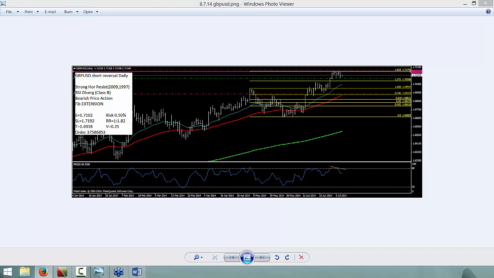I don't mind you using Mark's methodology of using the ATR to manage your stops, as long as you note that's what you're doing. It's all good. So risk 1 to 1.82, 0.5%, 7102, 7192, 93. Yeah, that's about similar to what I've got. RSI divergence class B. Yeah, the same top with the divergence there. That's good. Fib extension. Yep, perfect. Happy days.